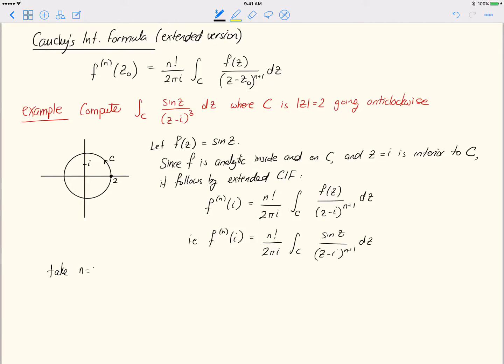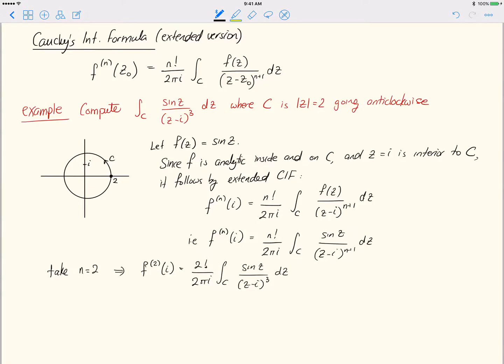So if I take n equals 2, this tells me that the second derivative evaluated at i is equal to 2 factorial over 2 pi i, integral over C of sine z over z minus i cubed dz.